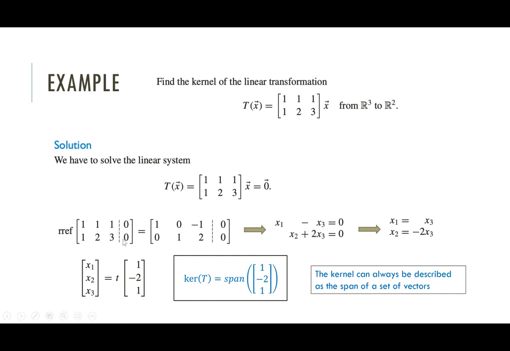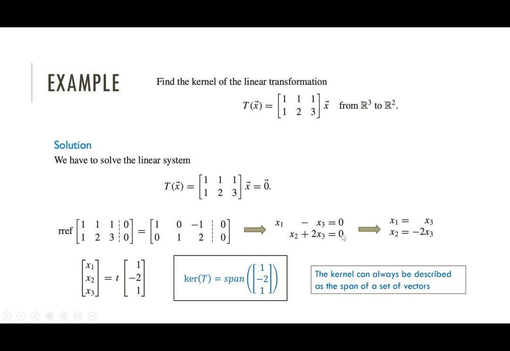because when you're finding the kernel, you're always trying to solve the linear system Ax equals 0. And because you have a 0 here, your final column is going to be the 0 column. When you do your reduced row echelon form, you're still going to have a 0 column, which means when you translate back, you're going to have zeros on the right-hand side.